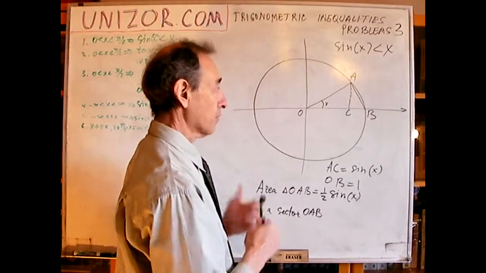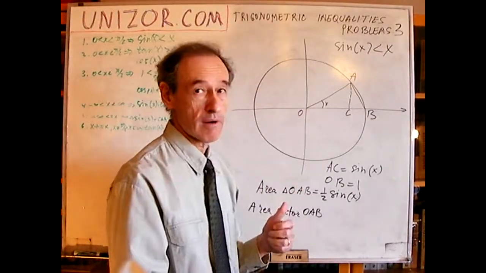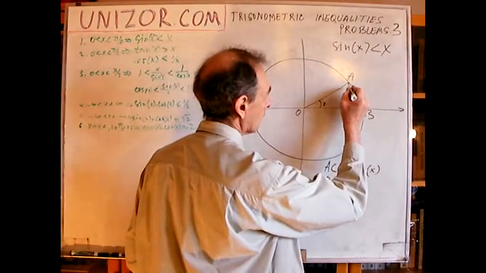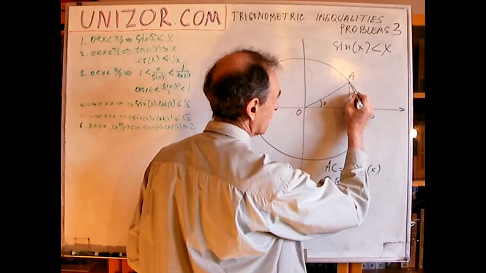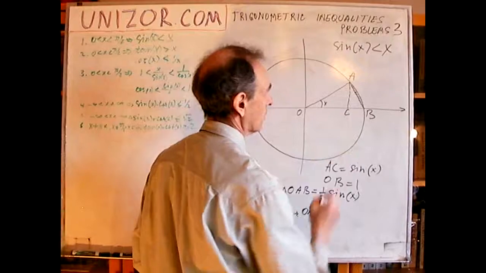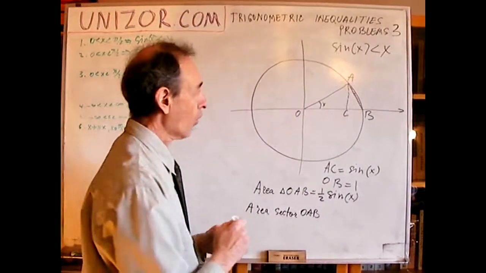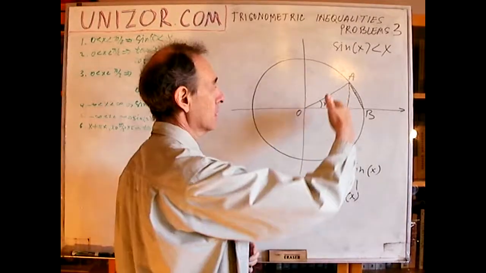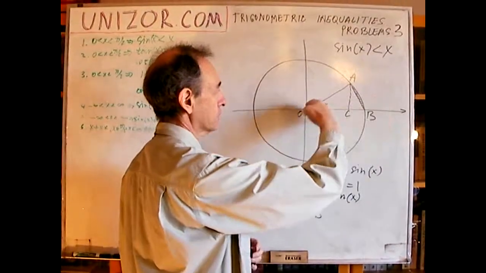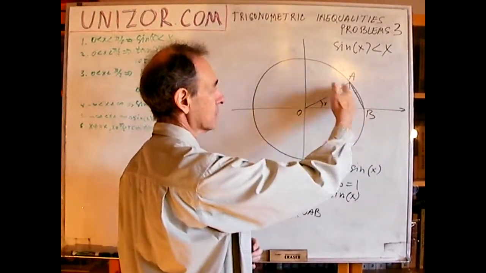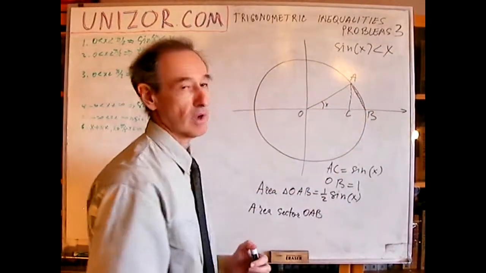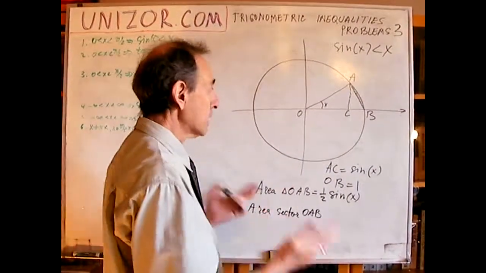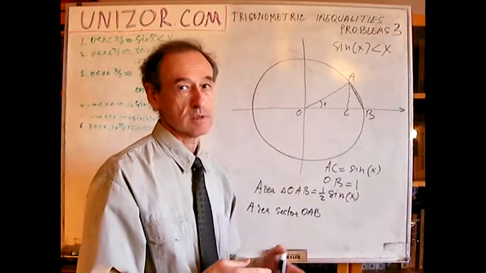Now, number one, obviously it's bigger than the area of a triangle by this little piece, right? Chord is always inside the circle, so the area of the sector is definitely greater than the area of triangle OAB.